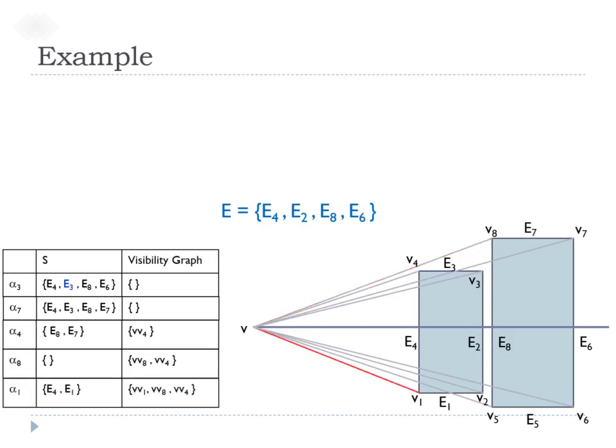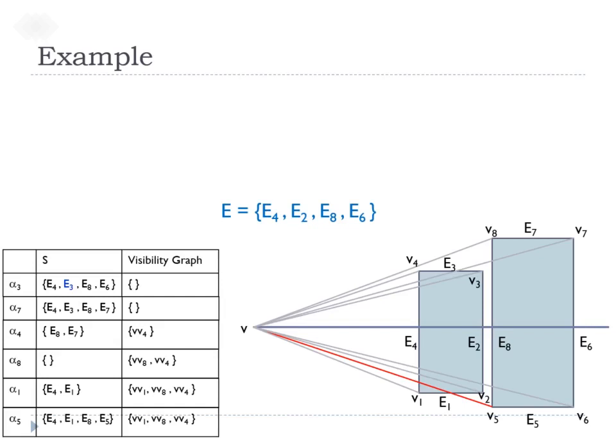Rotating further in the anti-clockwise direction, we reach V1, and V1 is also visible from V, and therefore VV1 is added in the visibility graph. So now you have three edges in the visibility graph. At the same time, you can see that V1 is the starting point for these two edges E4 and E1, because if we rotate further in the anti-clockwise direction, E1 and E4 will begin to obstruct the line of sight.